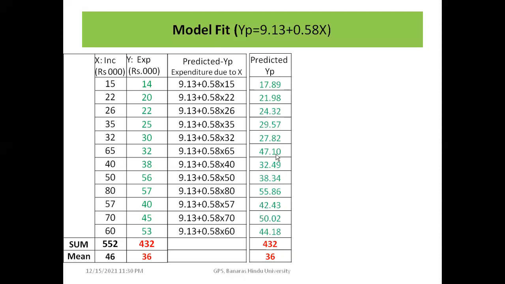So these are called predicted values. If my model were 100% accurate in predicting Y, then here it would come 14, here it should be 20, here it should be 22. It means my model is not 100% accurate. Then the question arises: how accurate is my model?